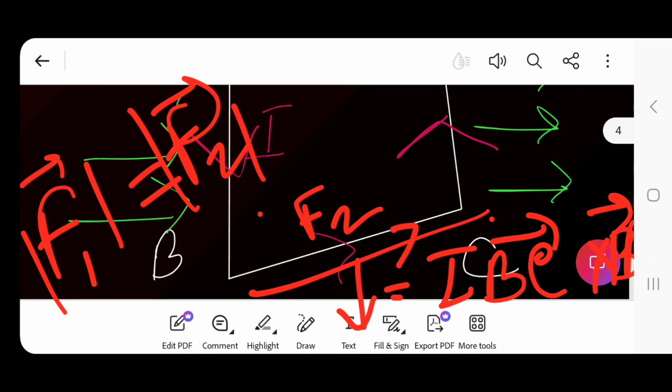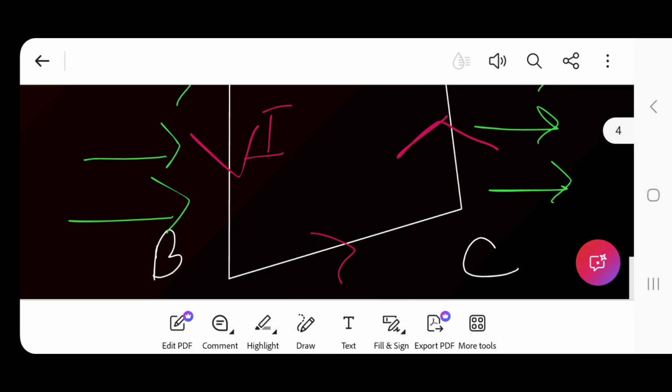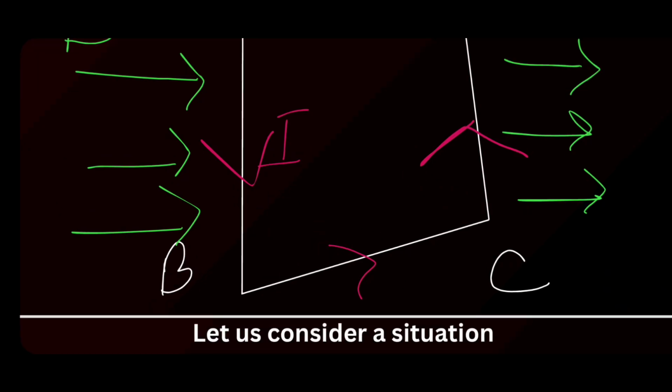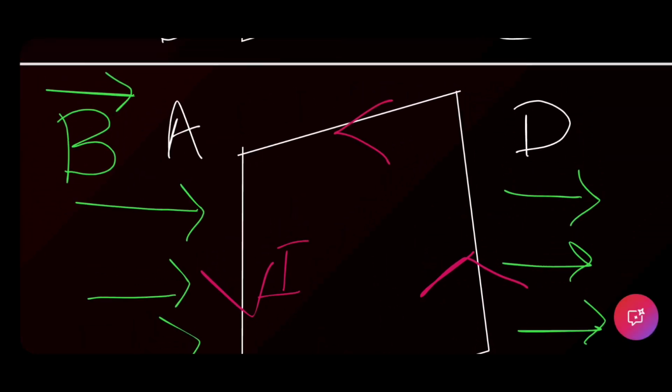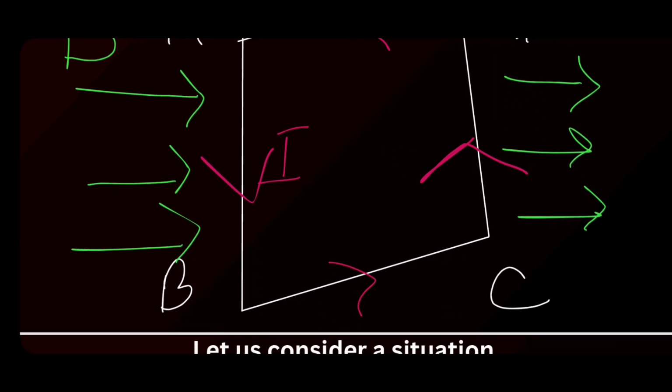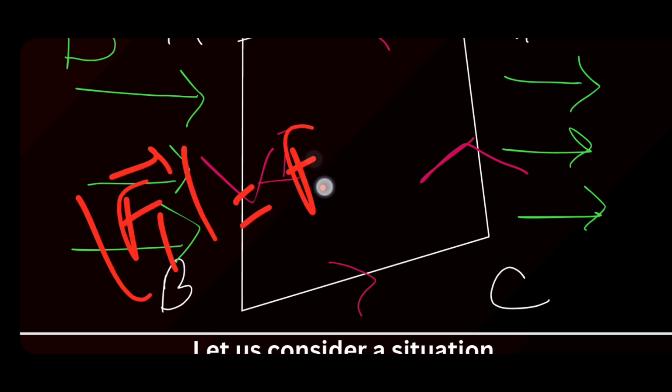So the forces on DA is F1, and on BC is F2, and these two forces F1 equals F2. So these two forces will cancel out each other.